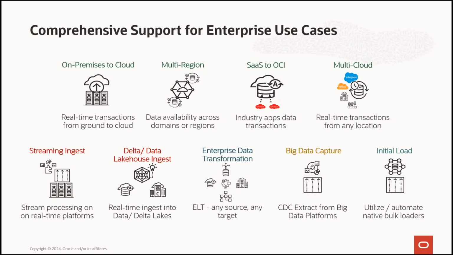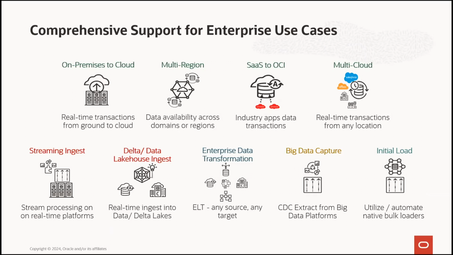OCI Golden Gate can be used to ingest data from messaging platforms like Kafka. It can be used to send data into your lakehouse, your data lakes, and so on. You can perform ETL or create ETL processes using the data transforms deployment. And you can also use OCI Golden Gate for initial loads and capturing from what we call big data platforms.